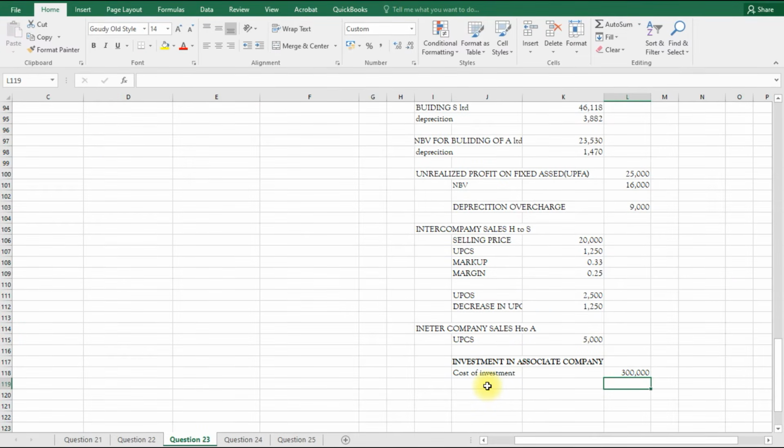Then we shall not even less, we shall add the post acquisition profit.